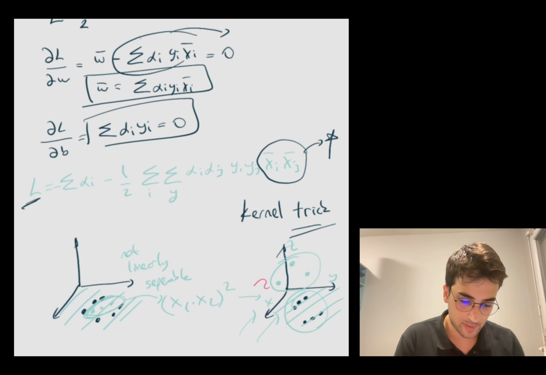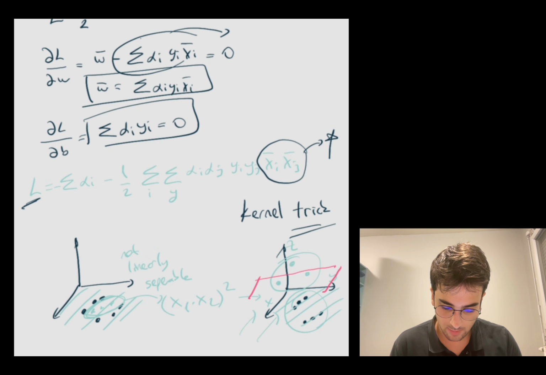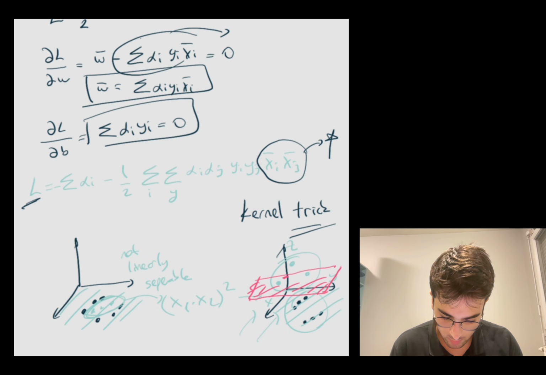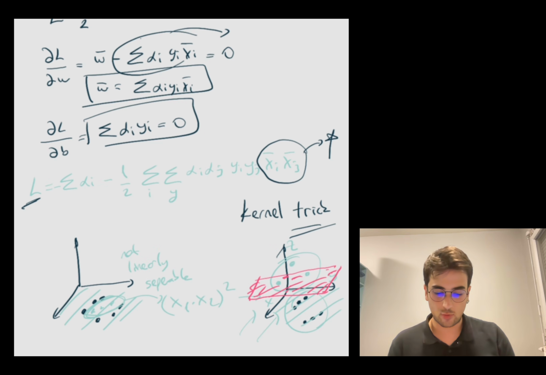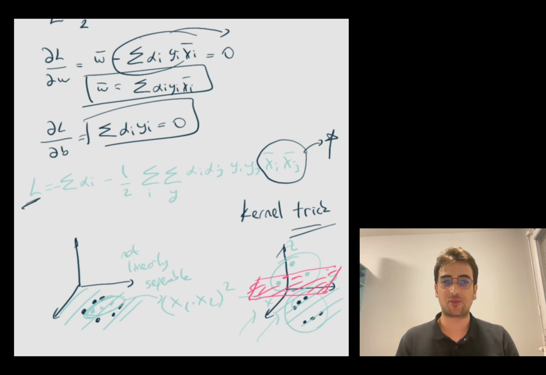So with a hyperplane now that cuts here, hop, you can linearly separate them. Maybe it's not really understandable from this drawing, but hopefully you understood the point.